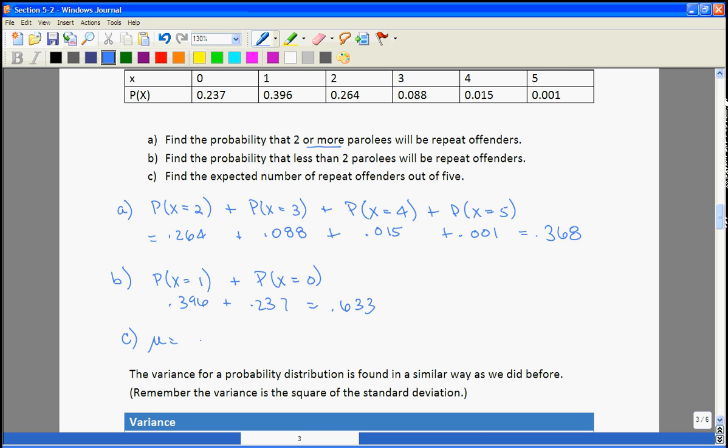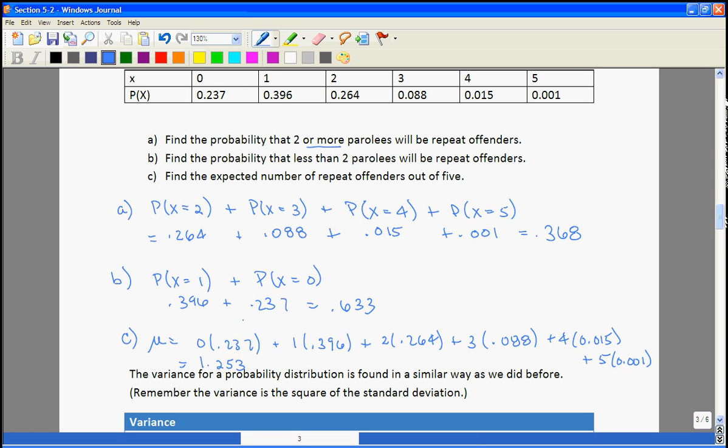Mu is equal to 0 times 0.237 plus 1 times 0.396 plus 2 times 0.264, and so on for each value in the probability distribution. And let's see what we get with that. So after punching into my calculator, I get 1.253.